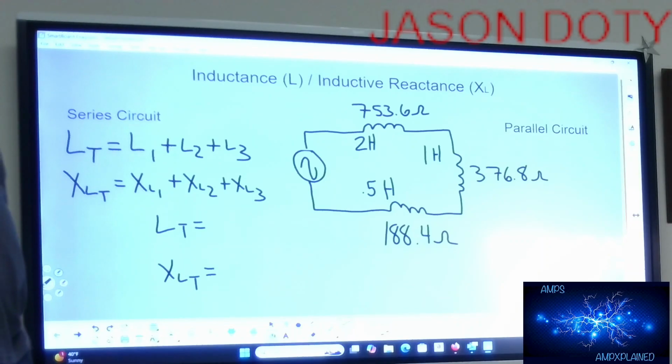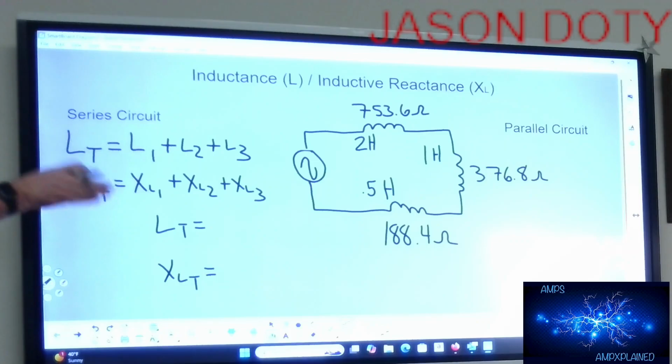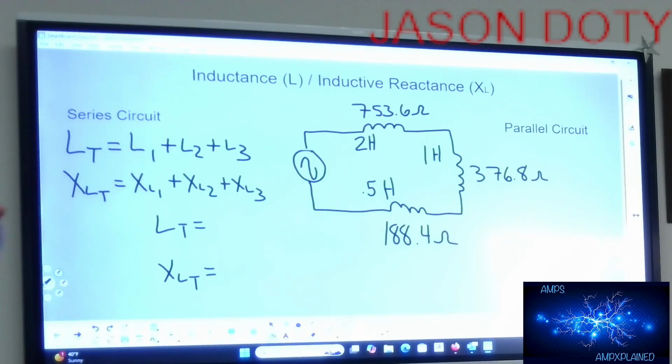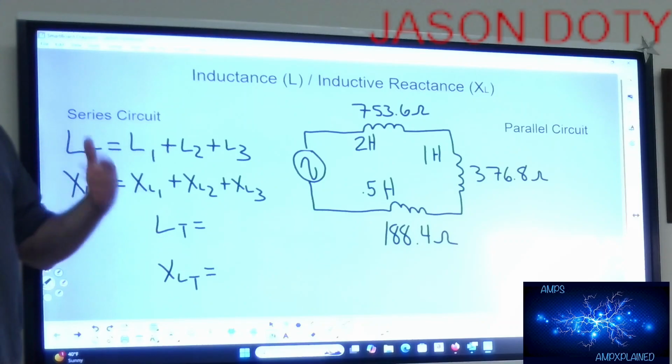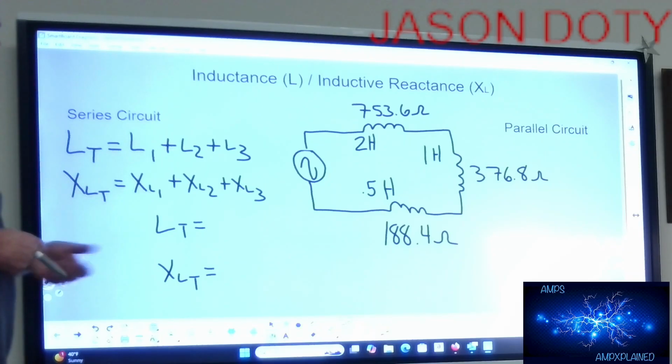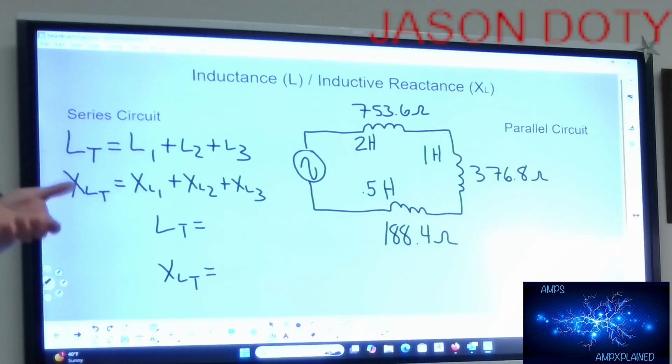And if you want a better explanation between inductance and inductive reactance, you can view one of the older videos on this page. But we'll look at that process a little later. The other thing I can do, because we do have those two forms of measurement, one in Henries, which tells me inductance, and the other, inductive reactance, which we measure in ohms, is add those up in series too, just like we added up resistance ohmic values in series.